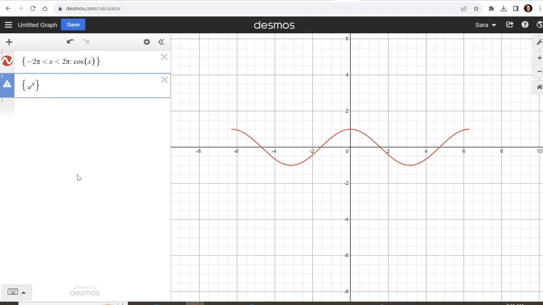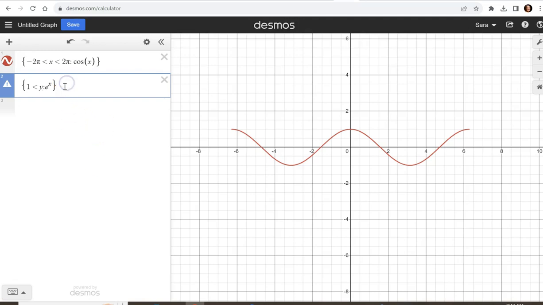But since it's not the x values that I'm restricting, it's the y values, that's what I need to type on the left of the colon. So let's imagine that I only want to see values of the function e to the x that are greater than 1. I can type in 1 is less than y on the other side of this colon, and that will almost accomplish what I need.